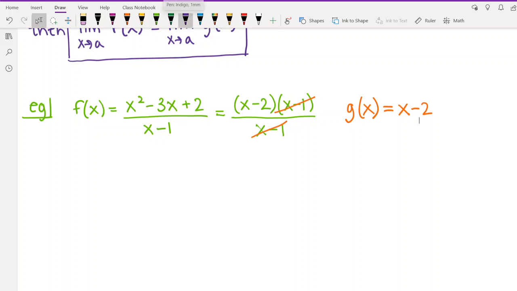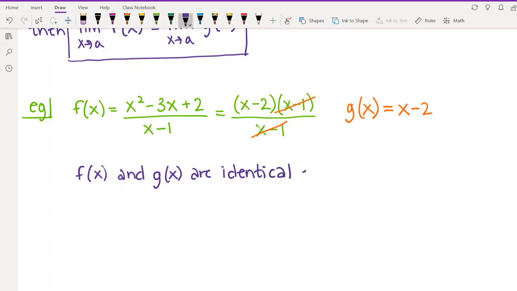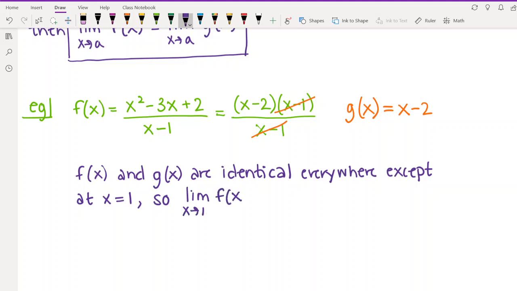So what we just figured out here is that f of x and g of x are identical everywhere except at x is equal to 1. And so that tells us that the limit as x approaches 1 of f of x is going to be the same thing as the limit as x approaches 1 of g of x.